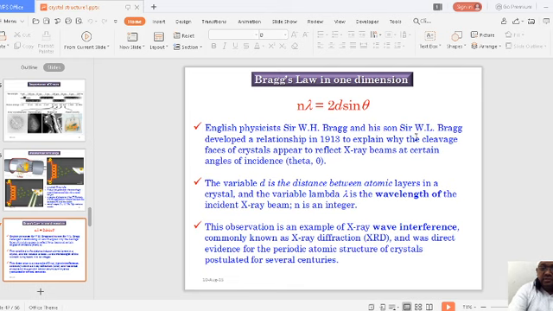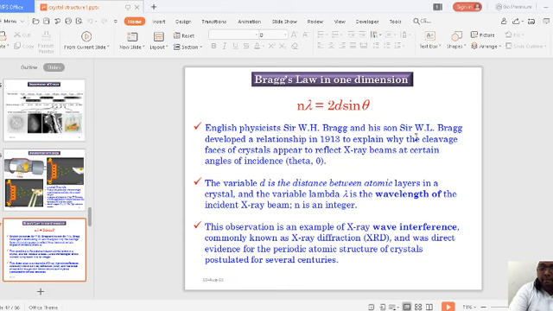The English physicist Bragg and his son W.L. Bragg developed a relationship in the year 1913.